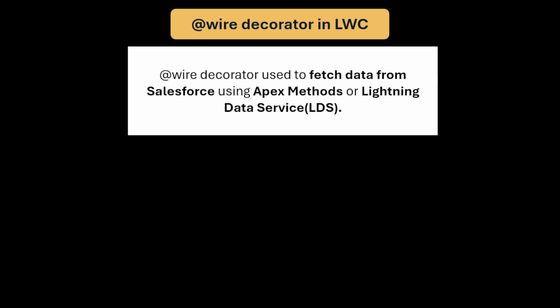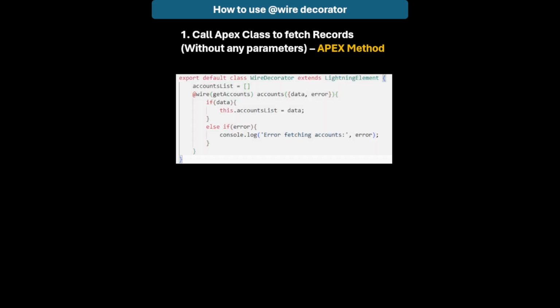We'll see how we can use wire to call an Apex method and how we can leverage LDS with the wire service, right? So there are two things. First, how to use the wire decorator. The first scenario is calling an Apex class to fetch records. This is the Apex method where we are using the wire service.